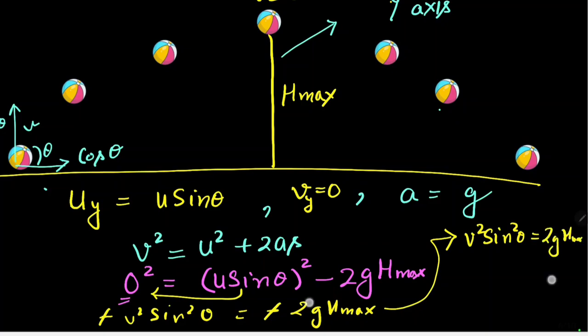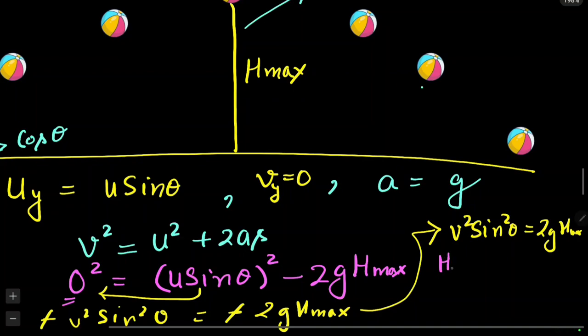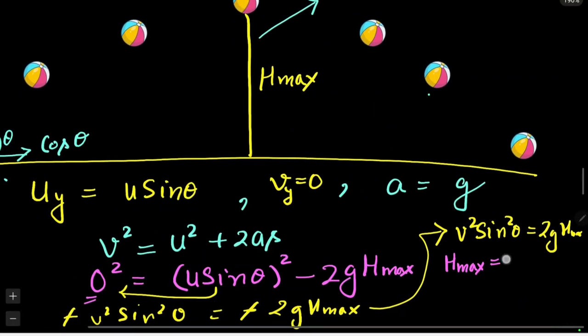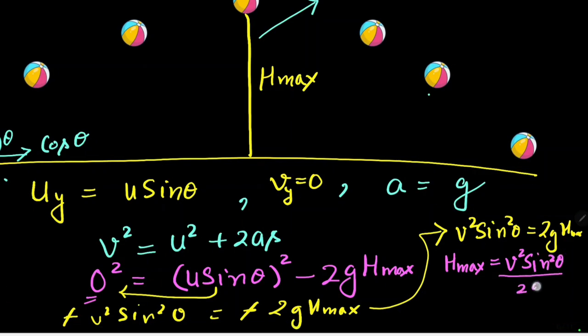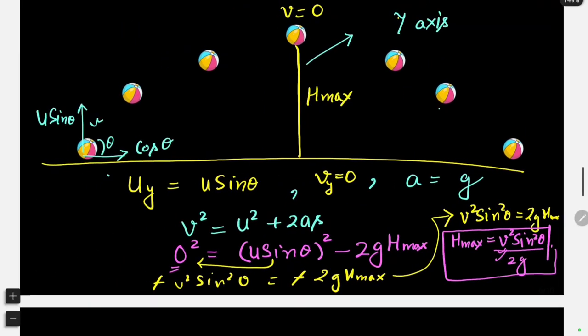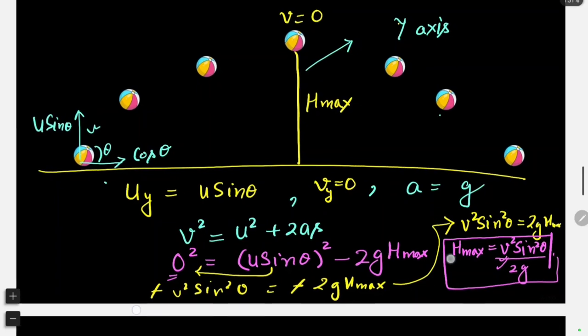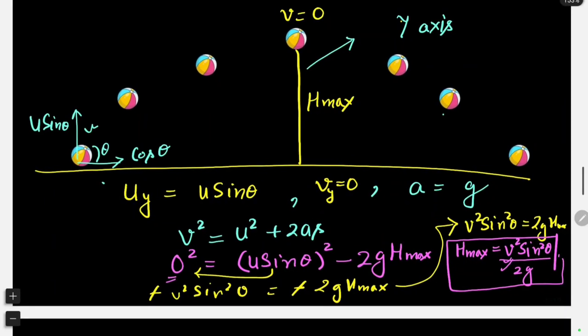From here, if I make h max the subject, the maximum displacement reached by the projectile comes out to be u square sine square theta over 2g. So if you know theta and you know u, you can know the maximum height reached by the projectile.